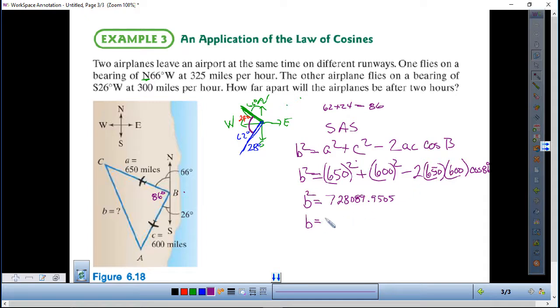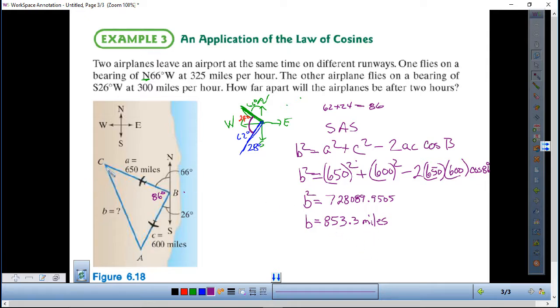And that gives me 853.28, so we'll say 853.3, and my distances are in miles. So how far apart are the airplanes? Well, all we've got to do is find that b, and it's 853.3 miles.